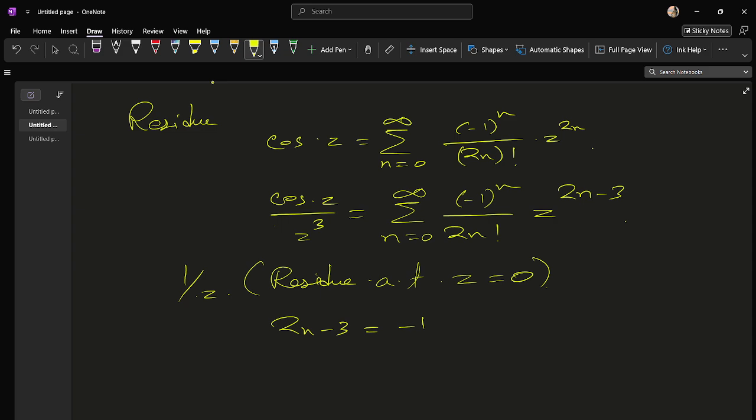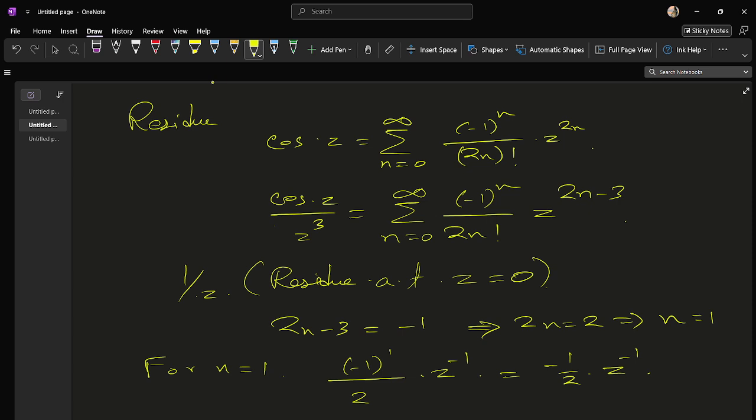Setting that, we get 2n equals 2, so n is 1. For n equals 1, the term of the expansion is minus 1 to the power 1 by 2 factorial, which is minus half times z to the power minus 1. Thus the residue at z equals 0 is minus half.